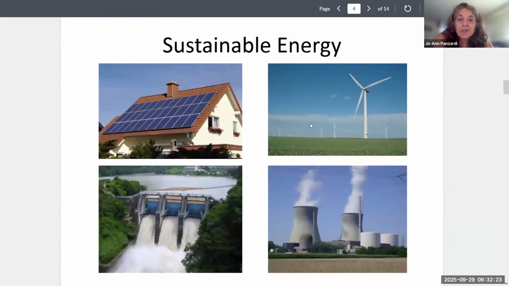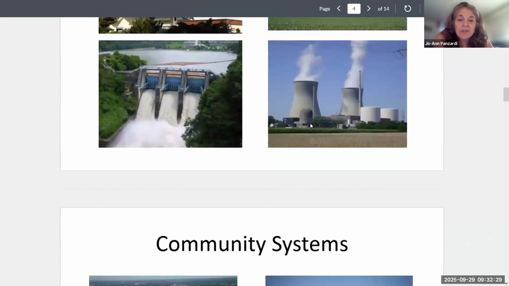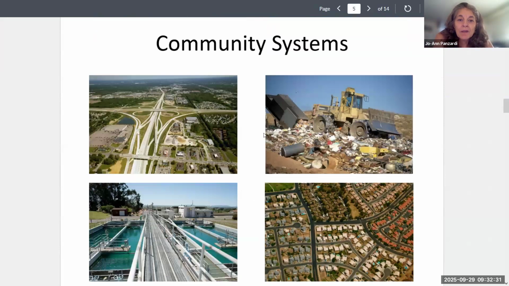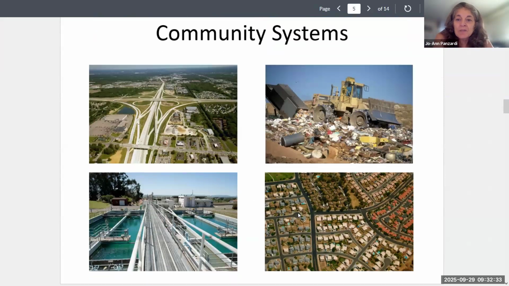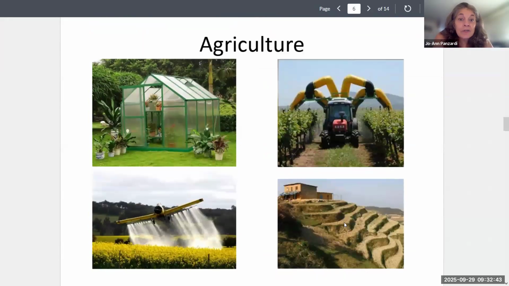Are you interested in sustainability or sustainable engineering? Sustainable energy. How about working on community systems, helping communities figure out the different types of systems that they could use in transportation or garbage or housing? Ag.